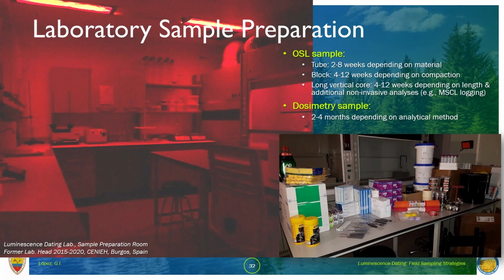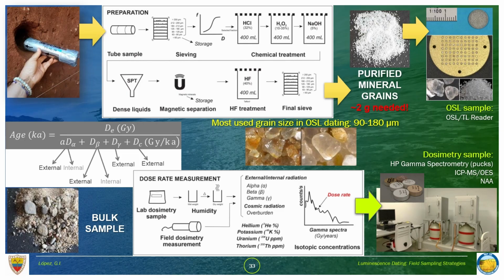In terms of sample preparation, obviously everything has to happen in a dark room, such as this one. Turnaround times can be a little longer depending on the type of material. So usually you have between 2 to 3 weeks, up to 2 months, depending on how compacted the sample is and the grain size selection. Why does it take so long, you might say?